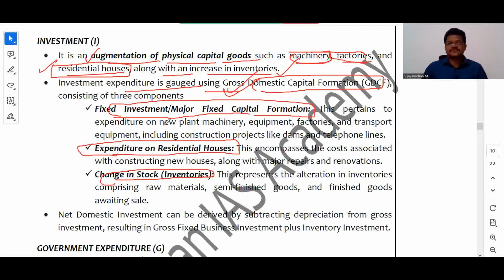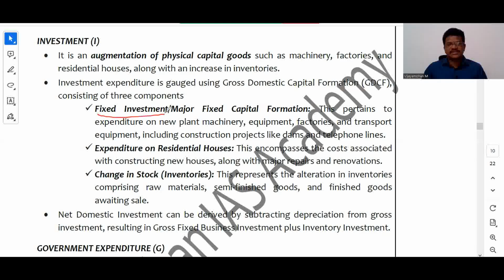So we will see briefly what is this fixed investment or major fixed capital formation. This pertains to expenditure on new plant machinery, equipment, factories, and transport equipment, including construction projects like dams and telephone lines. And basically business people or business sector ఏదైనా ఇన్వెస్ట్మెంట్ చేస్తుంటే దాన్ని మనం we are categorizing it under fixed investment or major fixed capital formation.